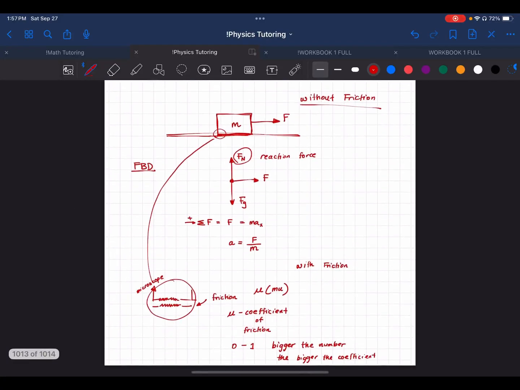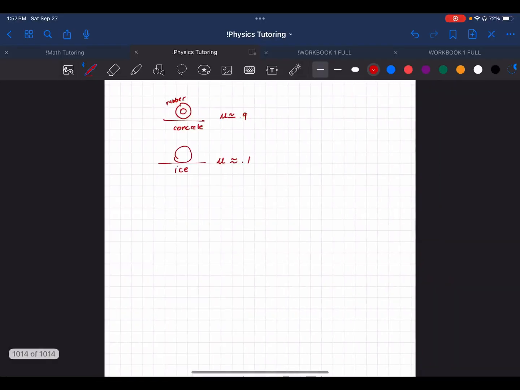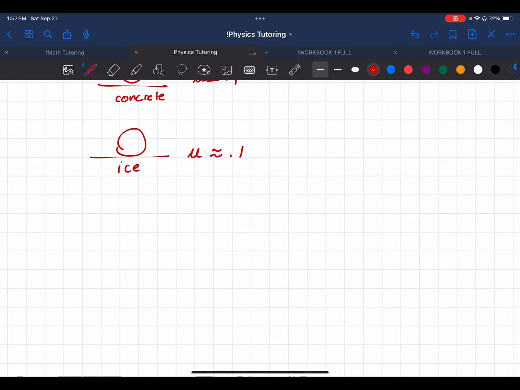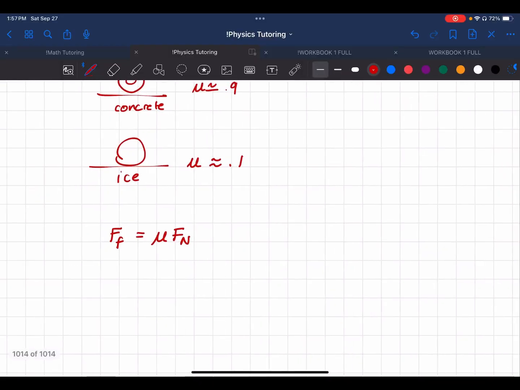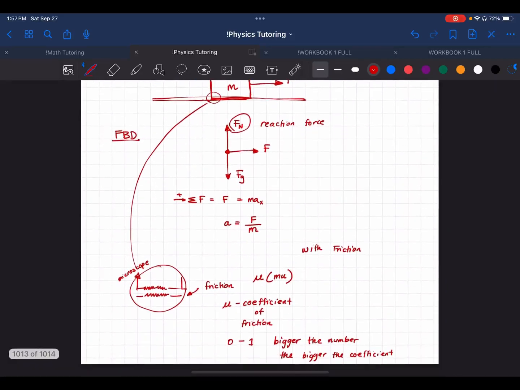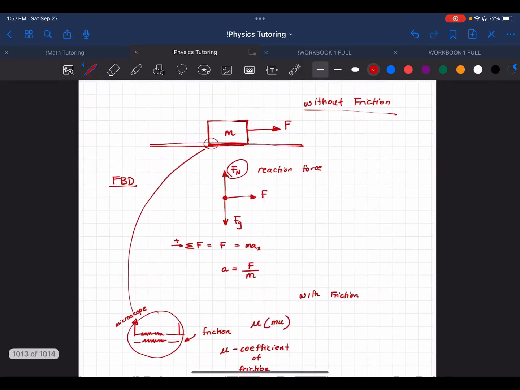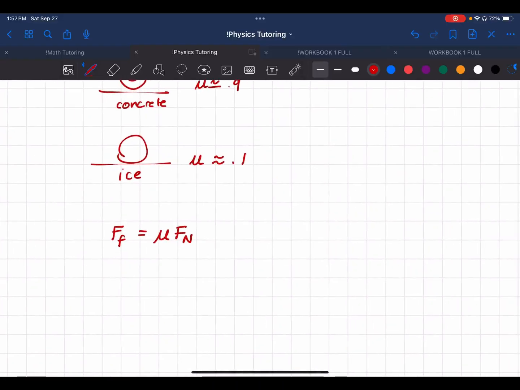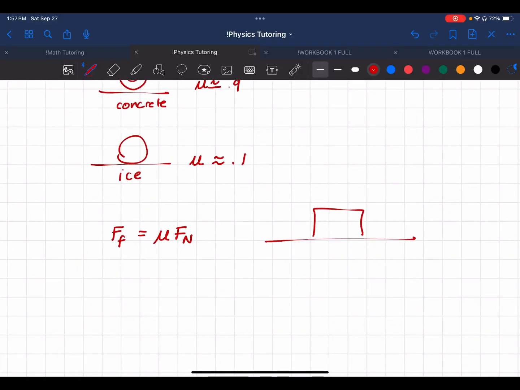Let's see, where was I? Okay. So the force of friction, I don't know if you guys have learned it in class, but I'm gonna teach you anyways. It's gonna be mu Fn. Fn is for the normal force, right? Depending on how much my Fn is, let me draw my box again. I'm just gonna draw the free body on the item itself.